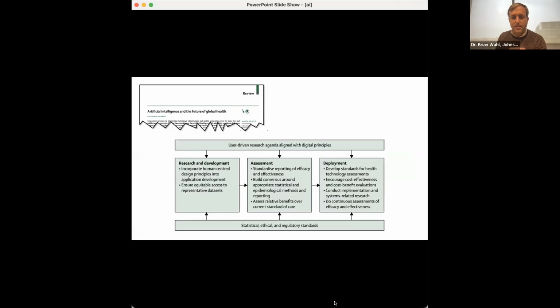This is from a paper called "Artificial Intelligence and the Future of Global Health," and we looked at, along the entire value chain, from development of AI tools to deployment, the need for user-driven research agendas that align with digital principles that have been developed in consensus with experts from multiple fields, but also with guidelines on statistical, ethical, and regulatory standards as well.